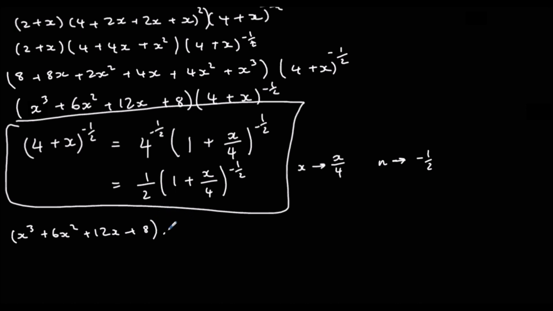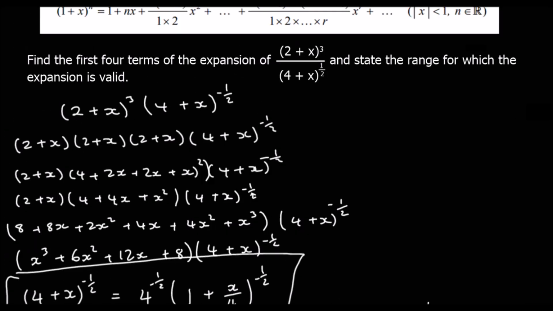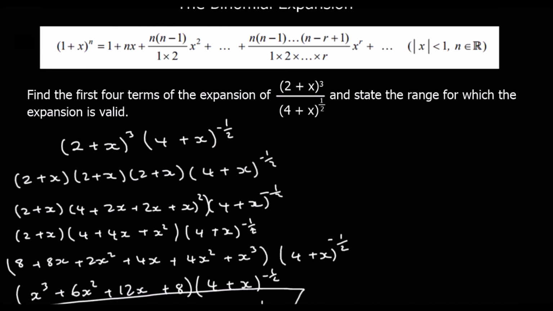And it's multiplied by half times this expansion. So the first term is 1. And then it's plus n times x, minus a half times x over 4, plus the next term, which is n times n minus 1.